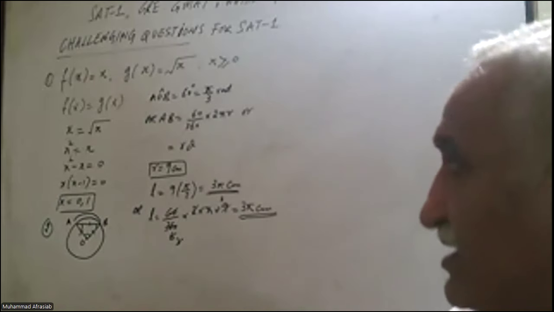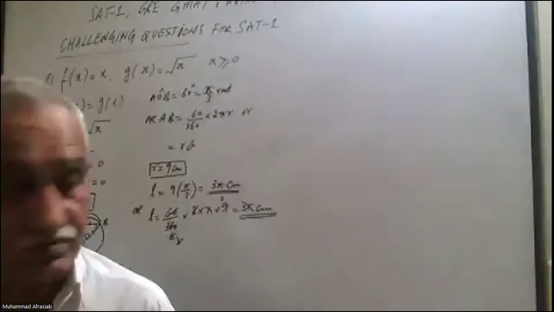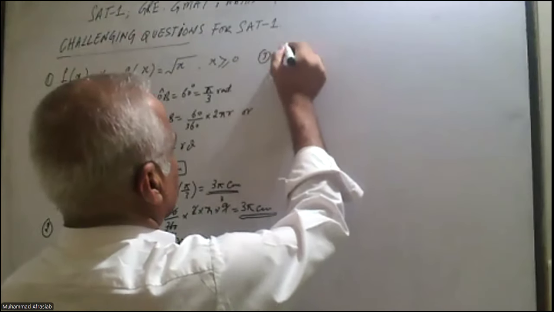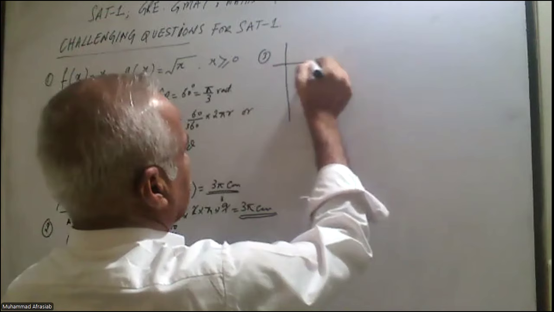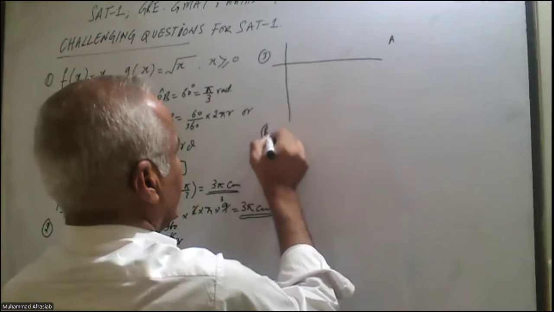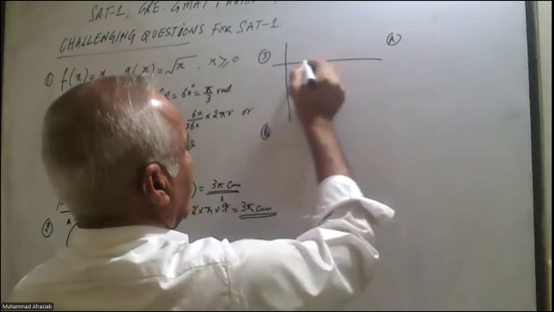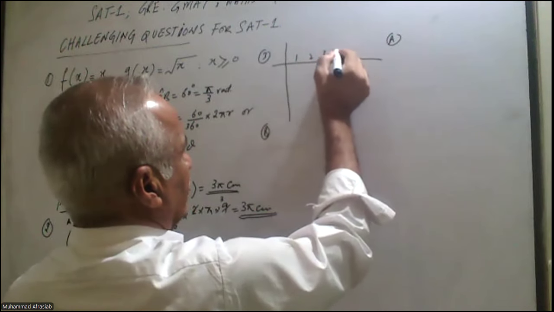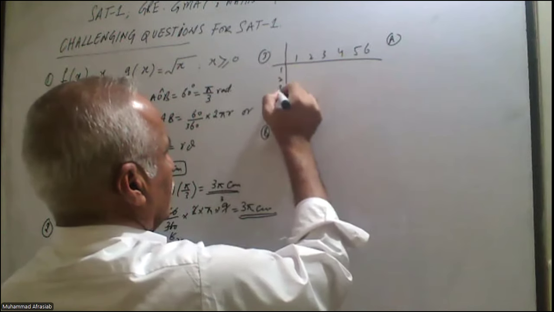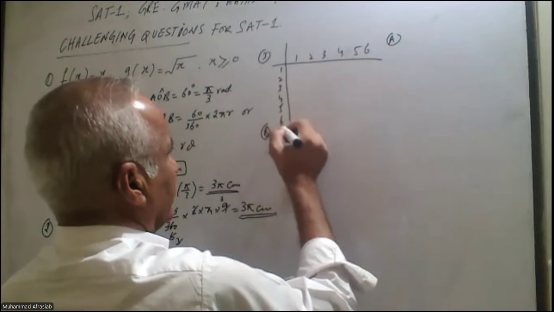So there are 2 dice. Let's say this is dice A, this is dice B. Now it has 1, 2, 3, 4, 5, 6. It also has 1, 2, 3, 4, 5, 6.